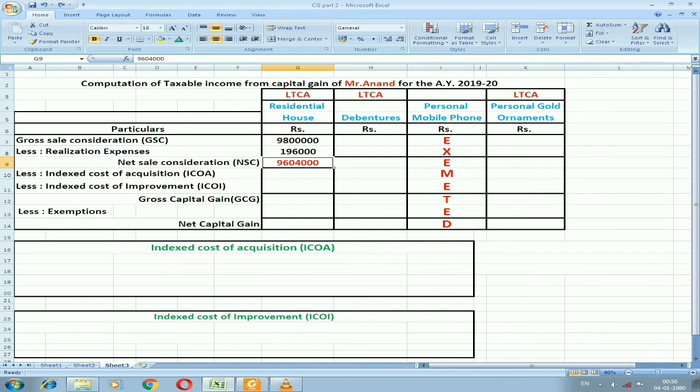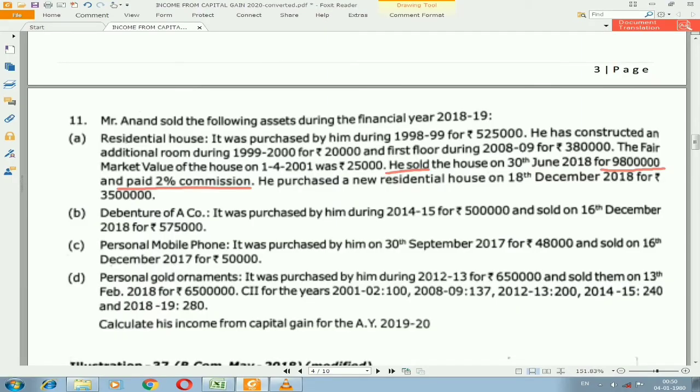Then we need to calculate indexed cost of acquisition. For that, check whether it is purchased before or after 1/4/2001. It is purchased in 1998, so it is before. Take the amount of 5,25,000. Compare with the fair market value. As you can see here, market value of the house on 1/4/2001 was rupees 25,000.